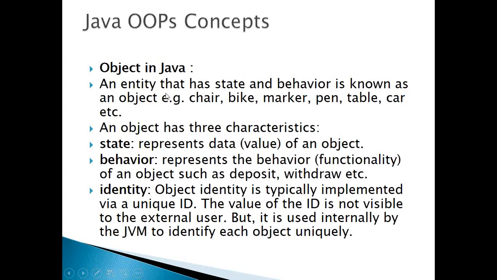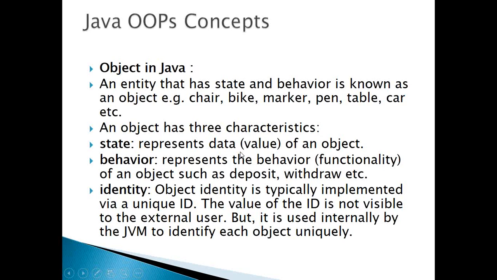For example, a student is a living thing, a department is a non-living thing. Or a chair, bike, pen, table, car, you can create any object you want. The object has three characteristics: state, behavior, and identity.